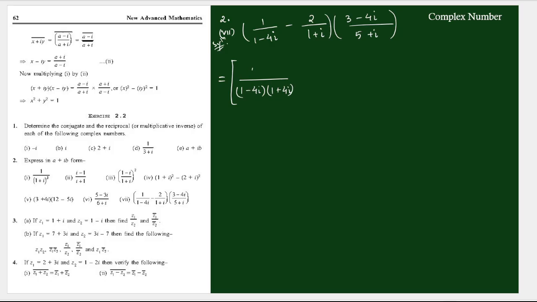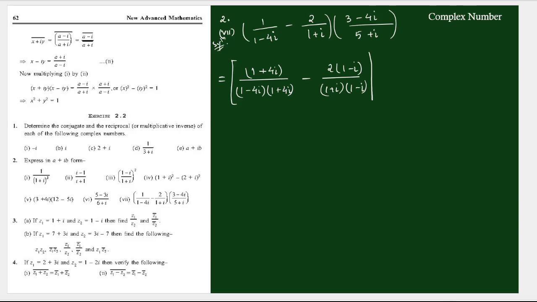So if you multiply, you will get 1 plus 4i minus 1 plus i, 1 minus i, so we need to multiply by 1 minus i.